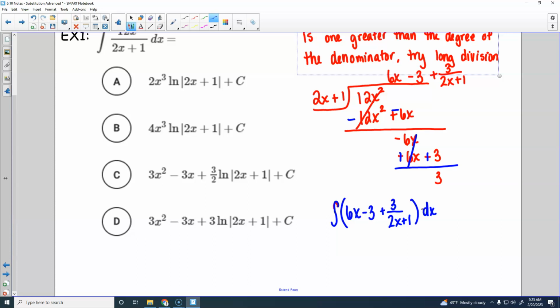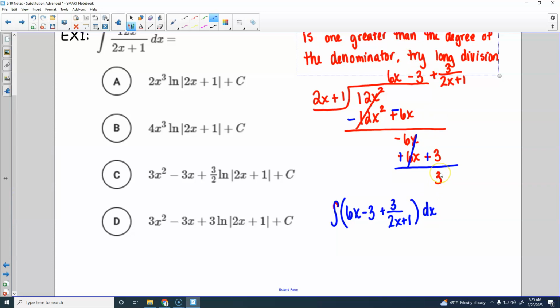So it is like long division, but instead of saying what times 10 would give me, like regular long division, it's what times this first thing would give me the 12x squared. You multiply that, subtract, bring down. Then you do the next what times this would give me what I'm trying to get now. Subtract, bring down, until you get something that has a degree that's less than your divisor.